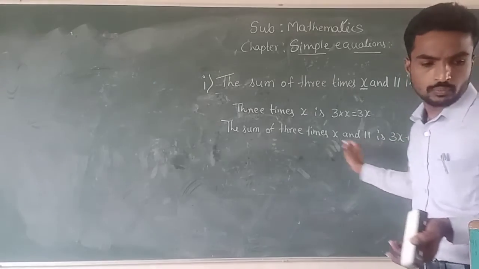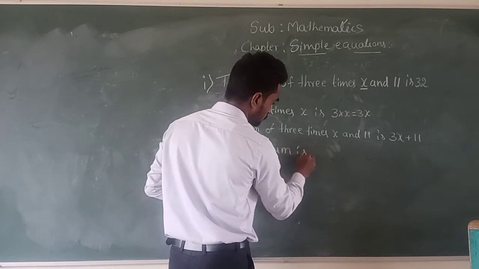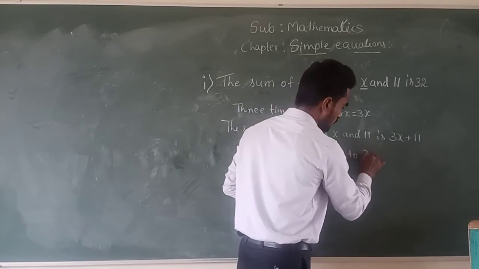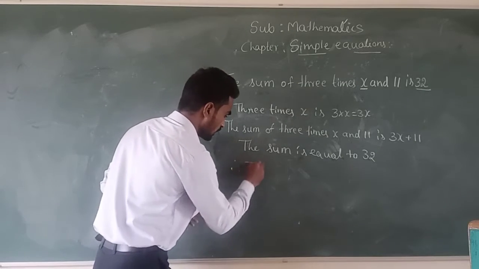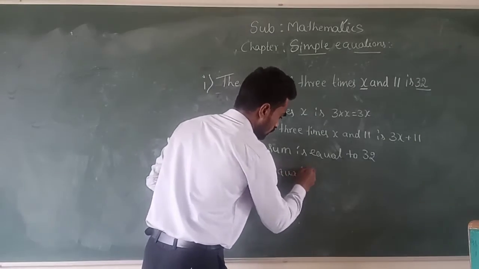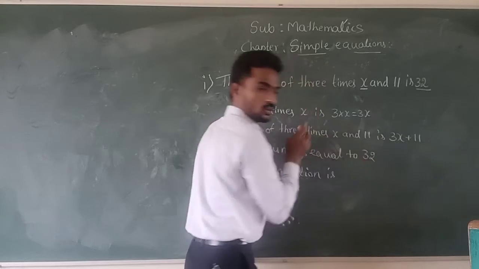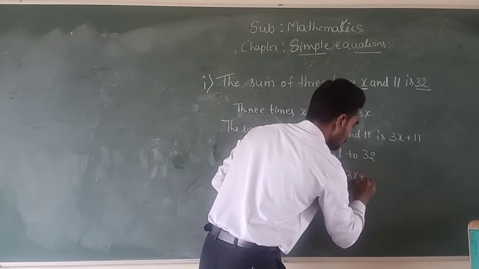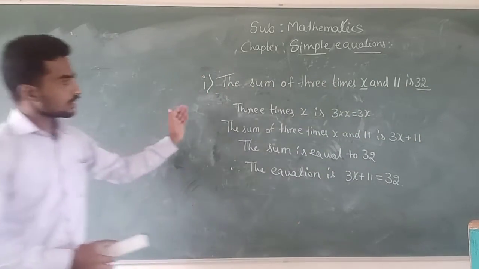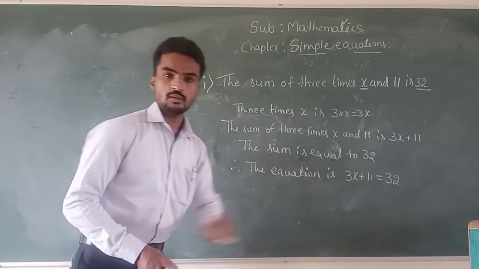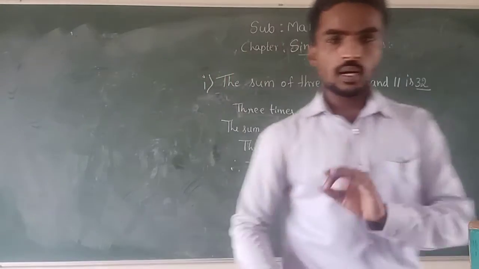The sum is given as 32. Therefore the equation is 3x plus 11 is equal to 32. Now we can convert the statement into equation form. Can you understand?